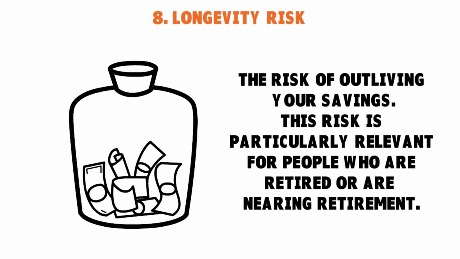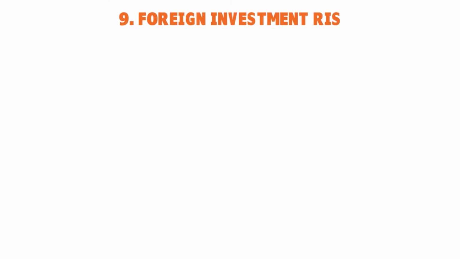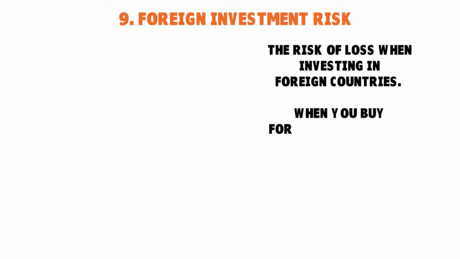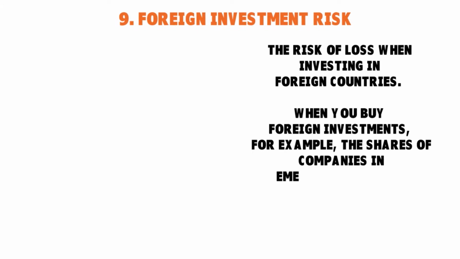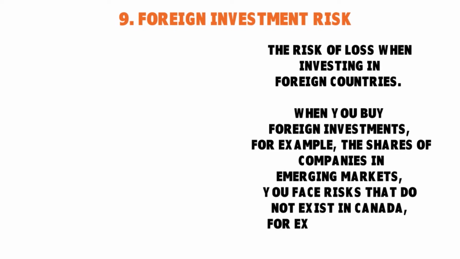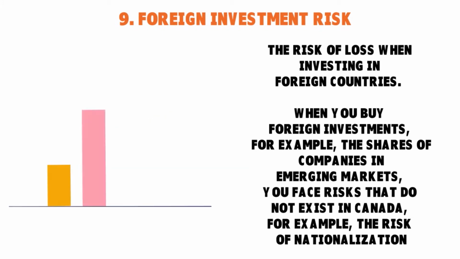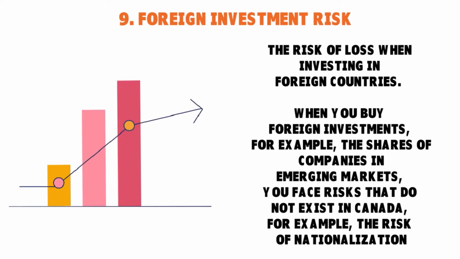Foreign investment risk. That's risk number 9 I want to cover with you today. This is the risk of loss when investing in foreign countries. When you buy foreign investments, for example, the shares of companies in emerging markets, you face risks that do not exist in the United States, the UK, Canada, Australia, and some countries in Europe. In emerging markets, you might have the risk of nationalization.